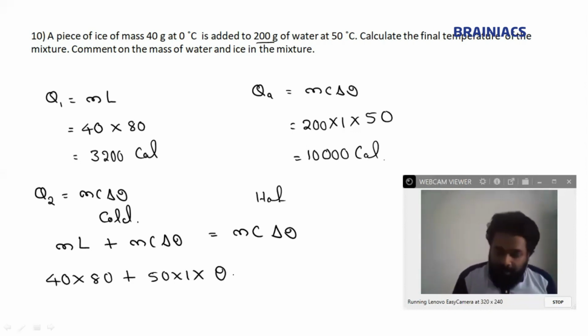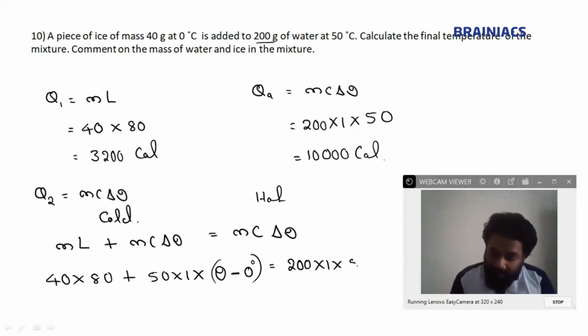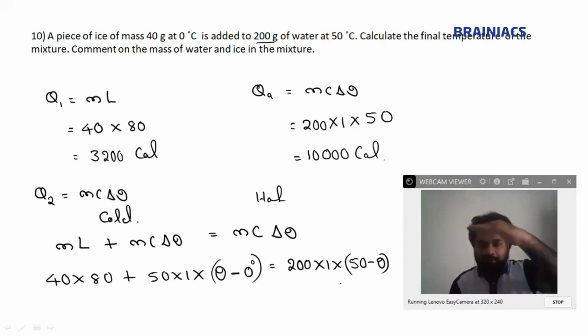That is what we need to find. Theta minus, previously it was 0. Okay, let it be there. This is equal to 200 into 1 into, this time, 50 minus theta. Only to that temperature of the mixture the conversion should happen, and both of them should be the same.